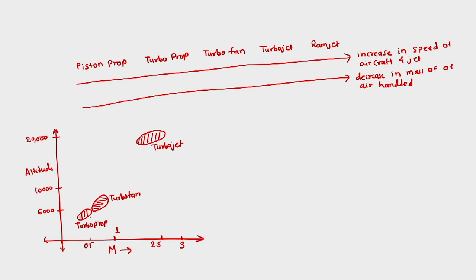So this is where we can see that turboprop engines operate at lower altitudes since they handle more mass flow rate and their thrust is based upon the amount of mass handled.